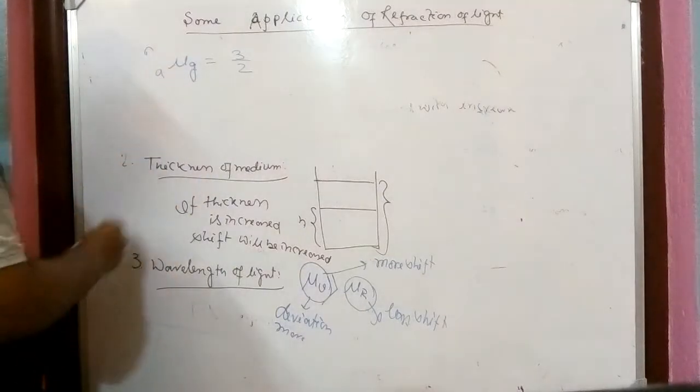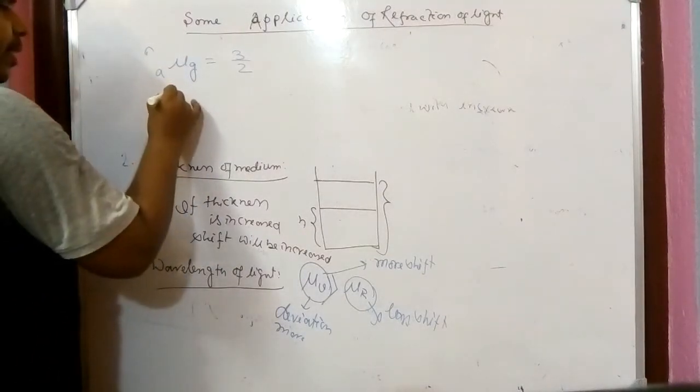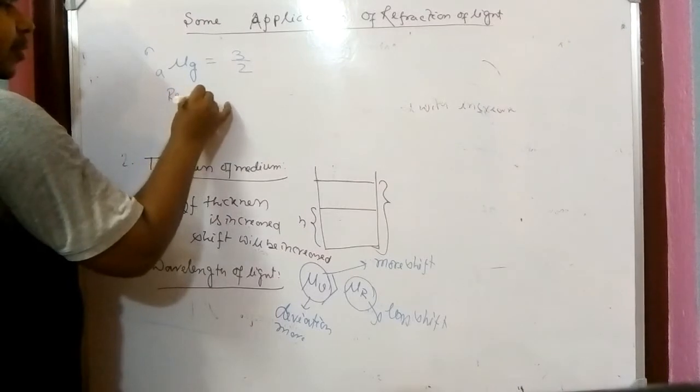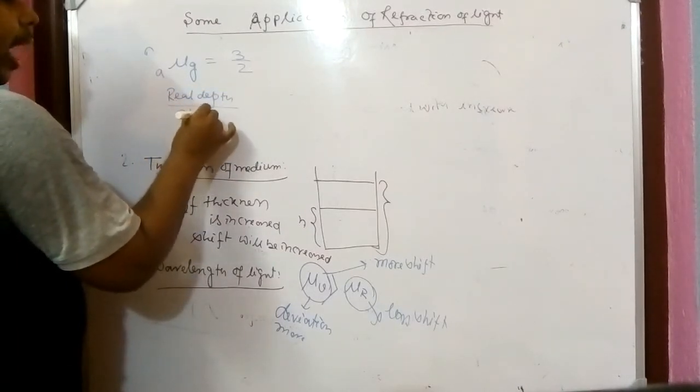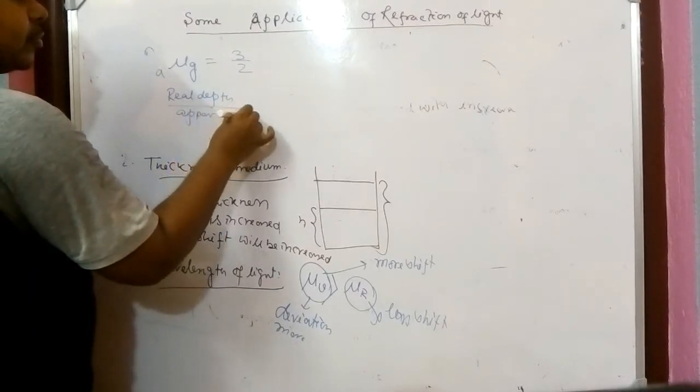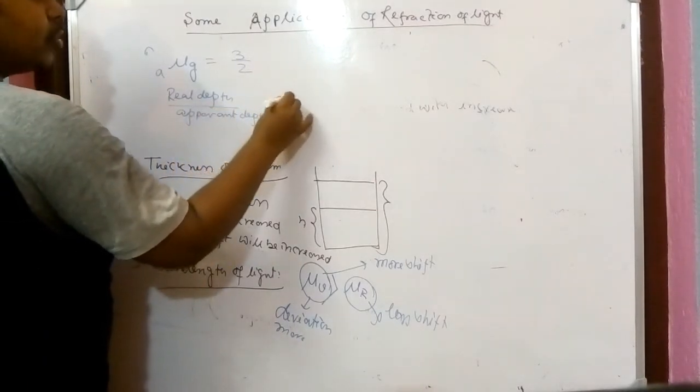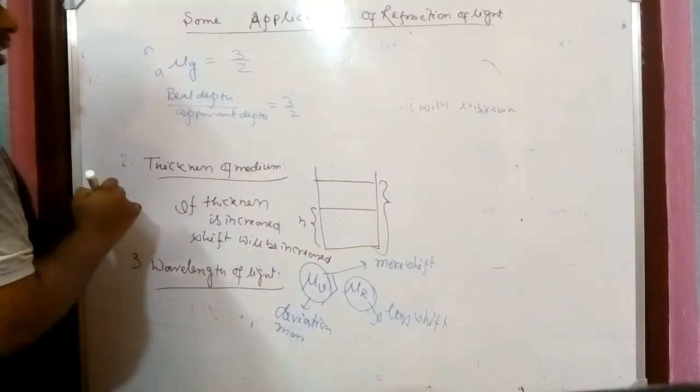If it is 3 by 2, we can say that real depth by apparent depth is equal to 3 by 2 for the glass.